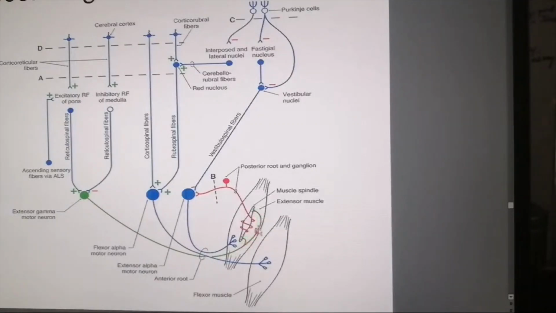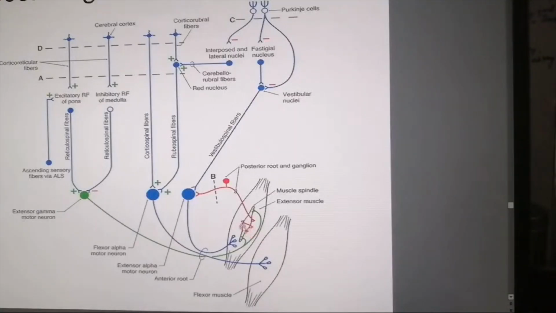Nothing new, I hope. If this is new, you seriously are in the wrong class. Okay? So gamma efferent coming here, going into the muscle, going to the muscle spindle, tapering end, and that's that. And you know what gamma efferents do. Okay?